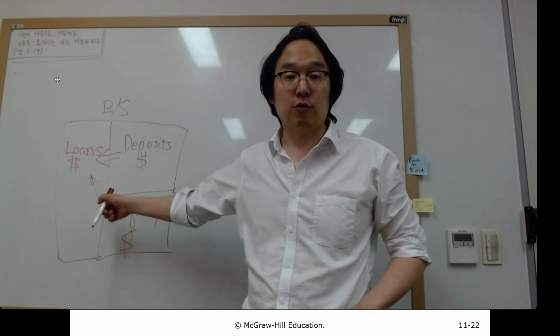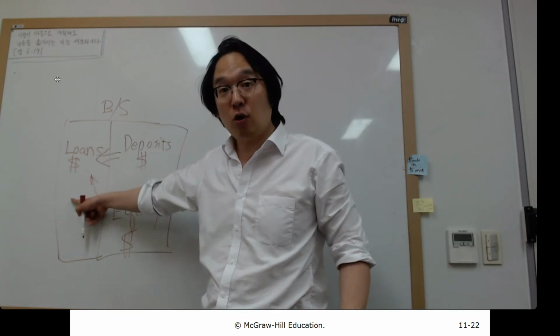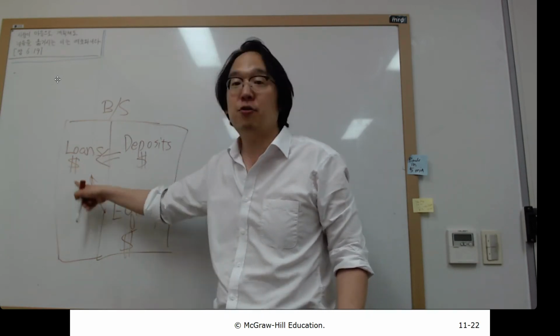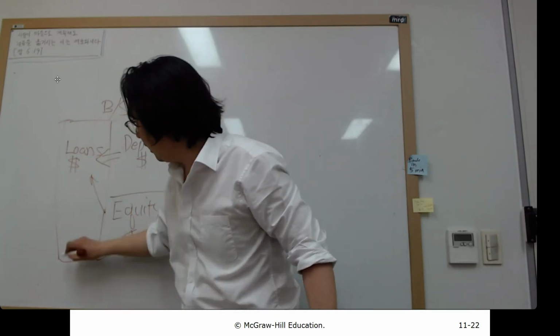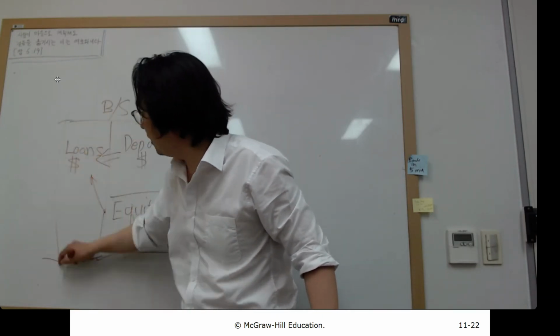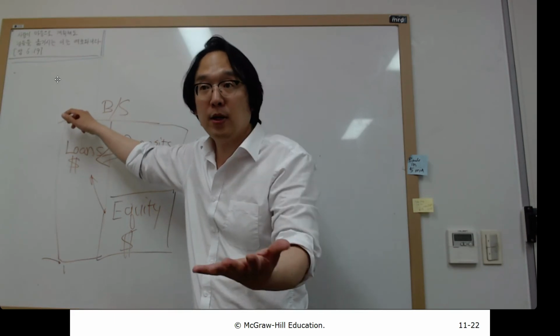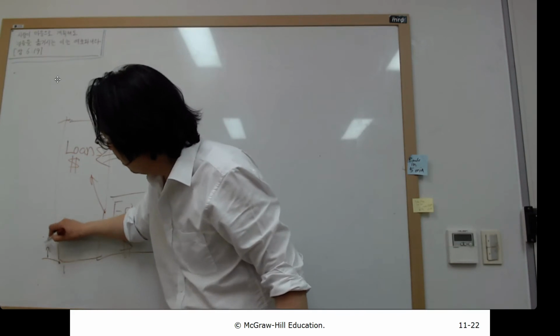What do you mean? If the guys, the Samsung Electronics, go bankrupt, then they cannot repay the loan to you. So the value of loan, even though it started as this much, as the company or the borrower goes bankrupt, your value of loan will shrink down.